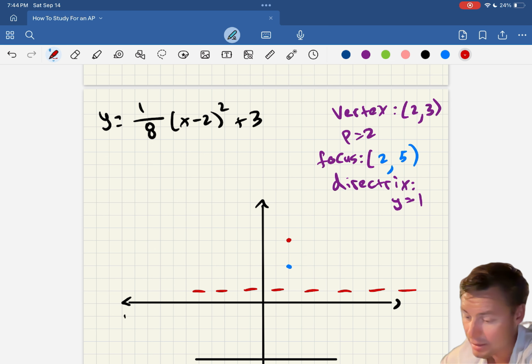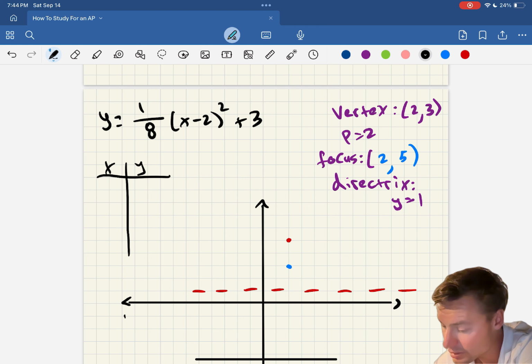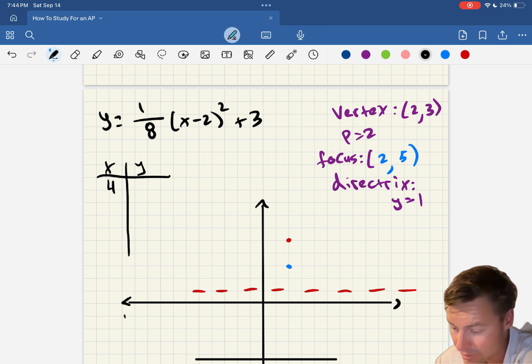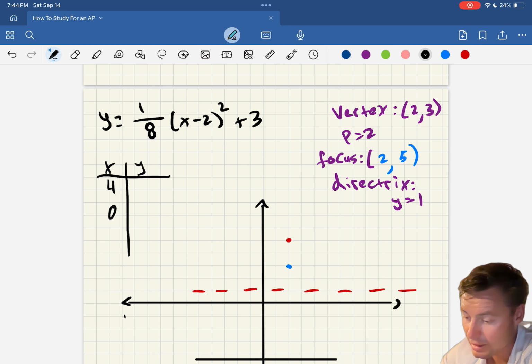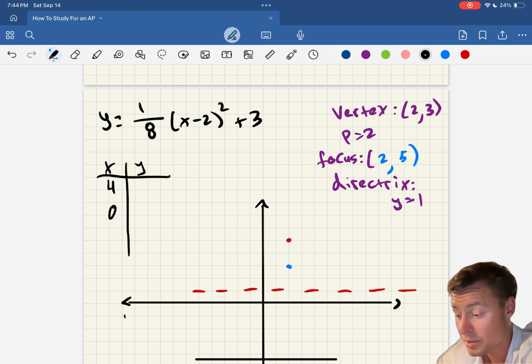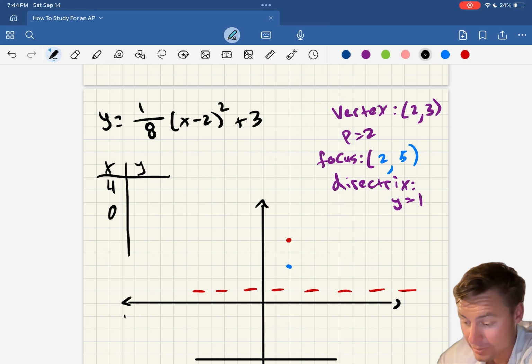I'm going to make a quick table just to get a couple more values. Let's do when x is 1, 2, 3, 4, and when x is 0. When x is 4, I get 4 minus 2, which is 2 squared is 4. 1/8 times 4 is 1/2. 1/2 plus 3 is 3.5.